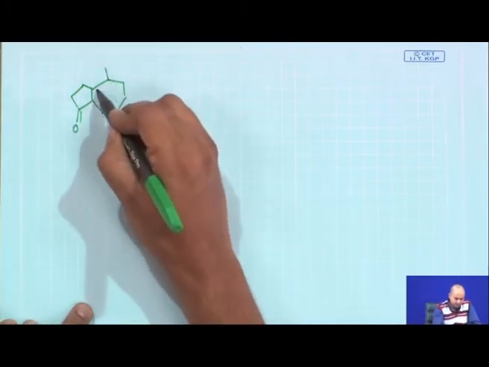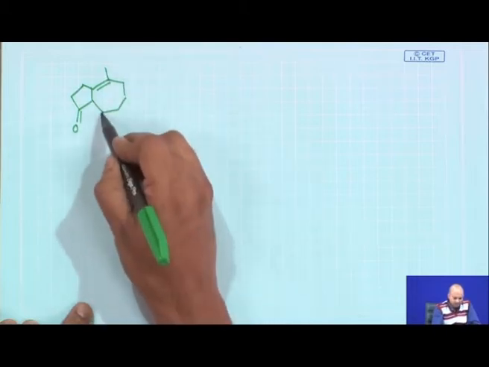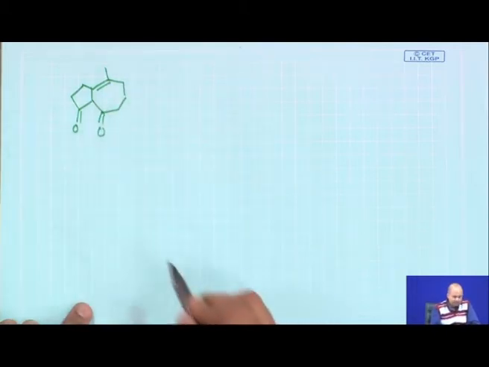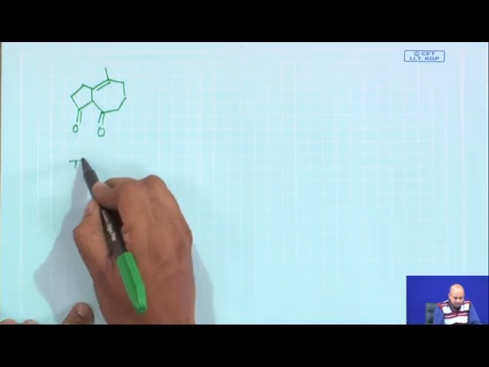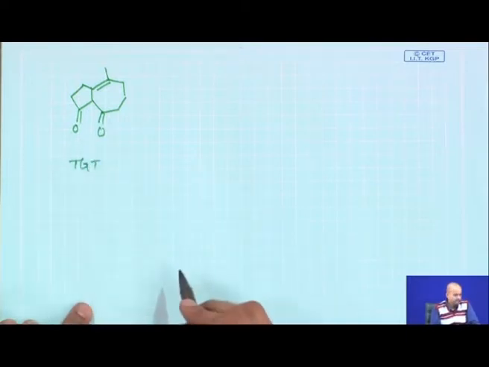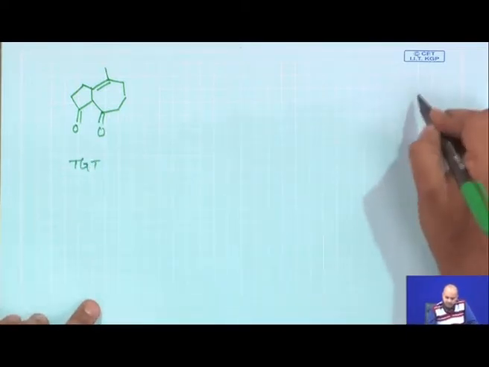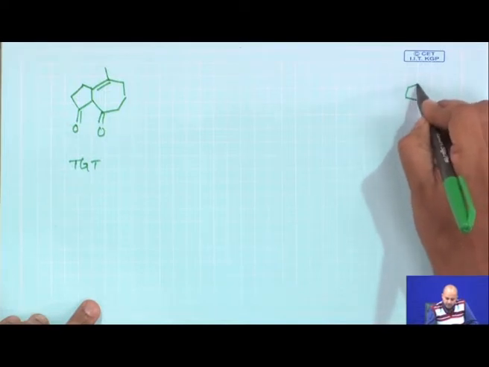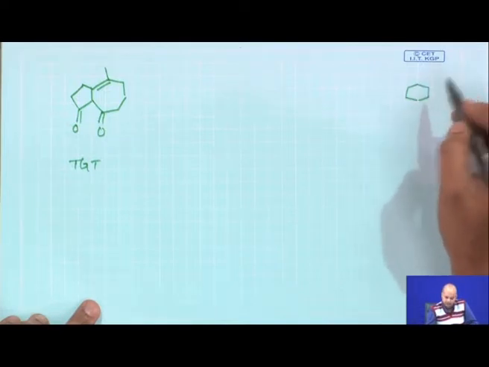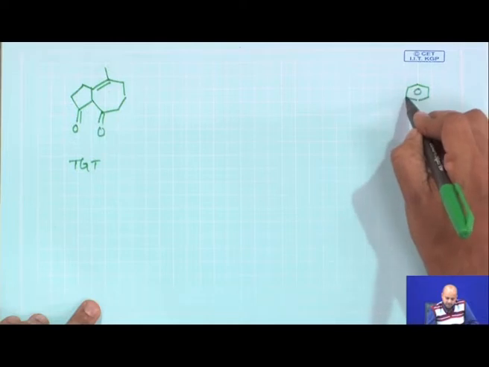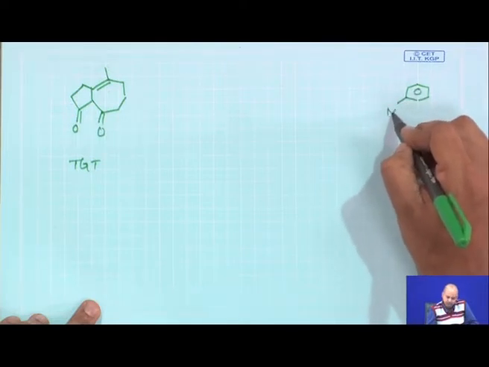I put a 5-member ring and 7-member ring in this kind of way. So, I say that this is your target. The starting material which I am giving here is at the extreme right hand side.